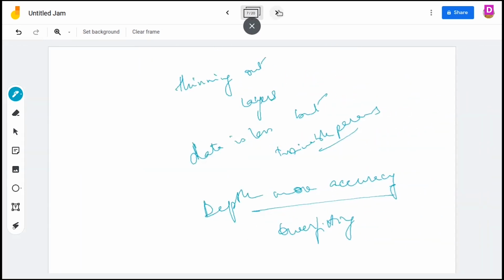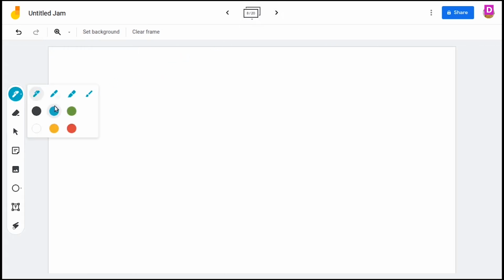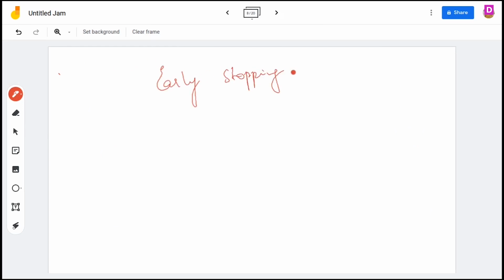Now let us talk about the final one, that is early stopping. Let's say I am running a model for 300 epochs, but in the middle, while I'm watching the data that shows how much improvement is done, what the test loss and training loss are, I see that my loss is not decreasing anymore and my accuracy is not increasing.